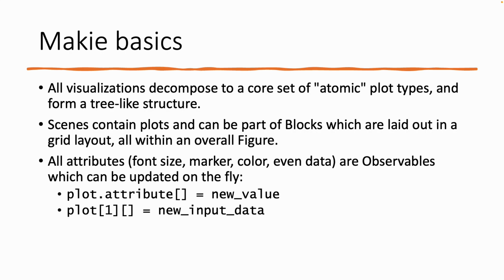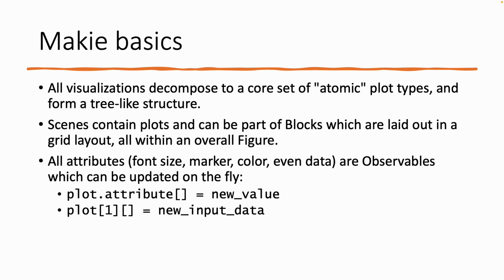The container for plots is called a scene, and the scene encodes basically a bounding box in pixels, so the plots can't go outside of that, and some other things like transformations. It forms a tree-like structure, which I'll show. So you have scenes which have child scenes, and then plots which are part of that scene, and the child scenes also have their own children and their own plots which are part of that scene.